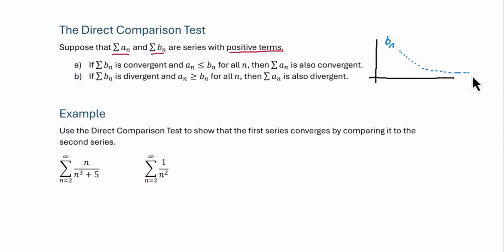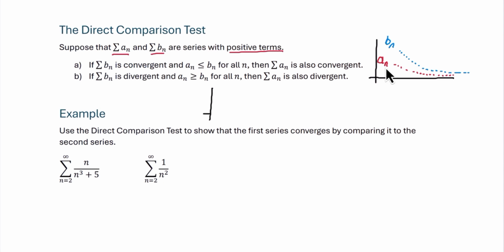And we know that a sub n is below b sub n. So let's say a sub n is somewhere down here. Again, a sub n is less than b sub n for all values of n. If b sub n is convergent and a sub n is less than b sub n, then by comparing those, we can say that a sub n is also convergent.